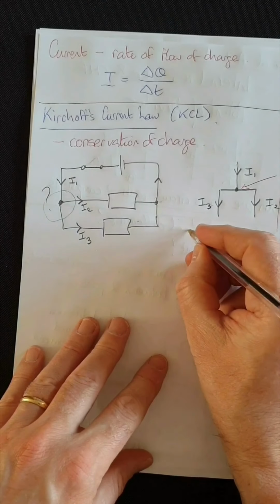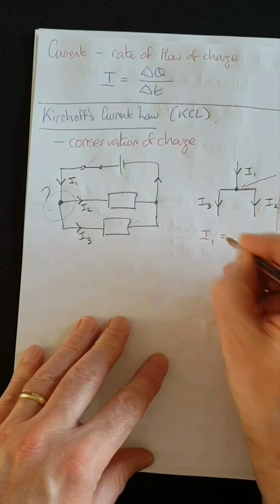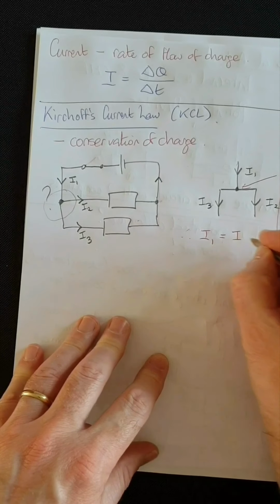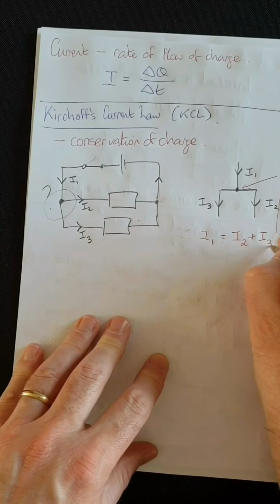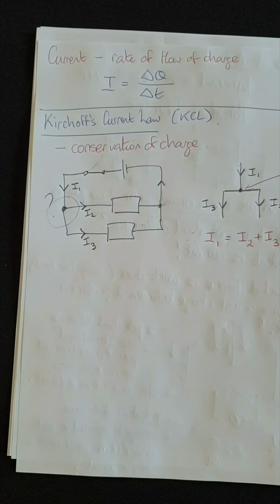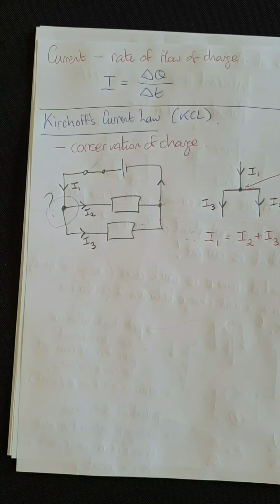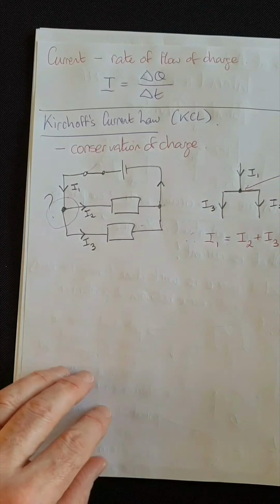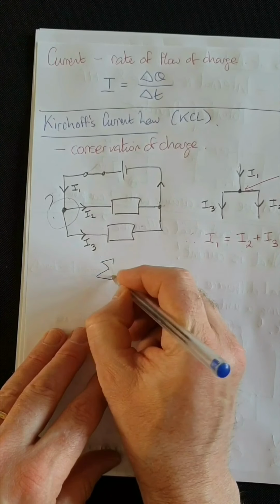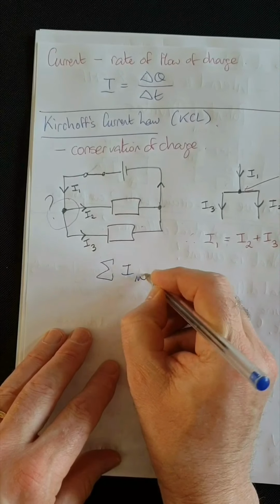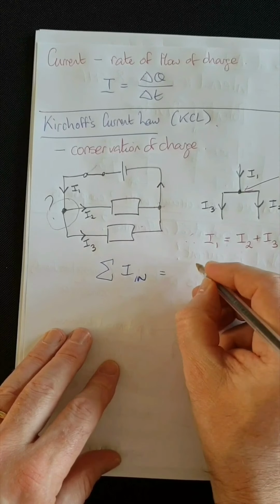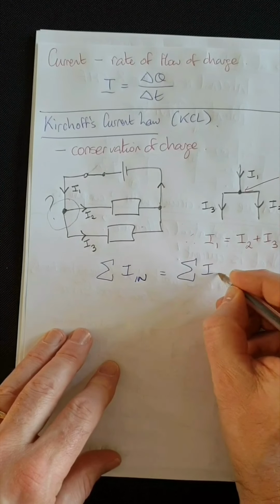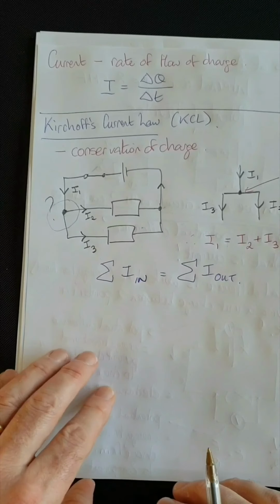So that means that whatever current I've got in I1 must be equal to the current in I2 plus the current in I3. We can summarize that by saying that the sum of all the currents that go into any junction must equal the sum of the currents coming out of the junction.